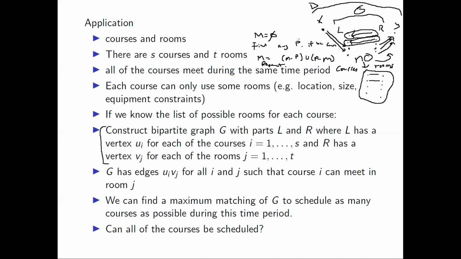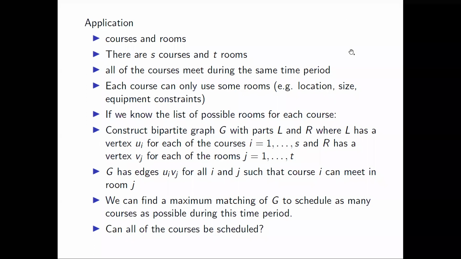It's called Hall's criterion. And we're going to prove that the criterion actually tells us whether or not the bipartite graph has a matching in which all the vertices on the left are in edges in the matching. The proof of that is known as Hall's marriage theorem.